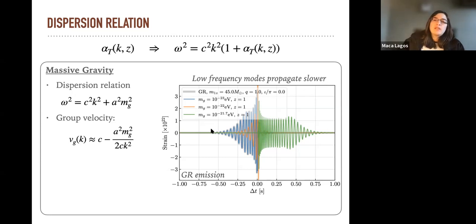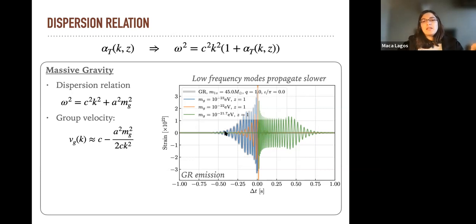In spiraling binaries that are merging, typically the gravitational wave signal has this shape that we see in blue, where the first few oscillations correspond to the inspiral, and these are waves dominated by low frequency modes, whereas here where the strain is peaking, that corresponds to the merger, and that signal is dominated by high frequency modes.